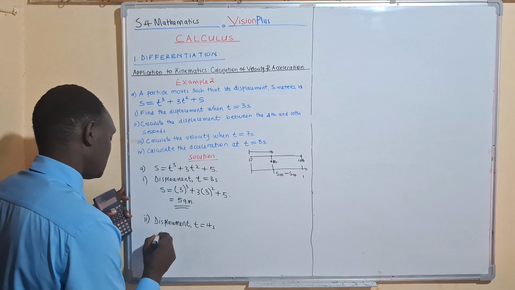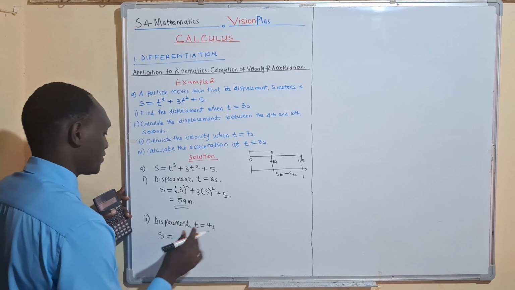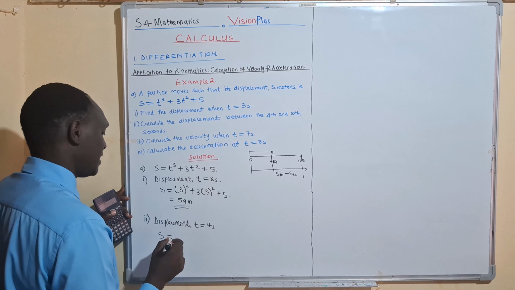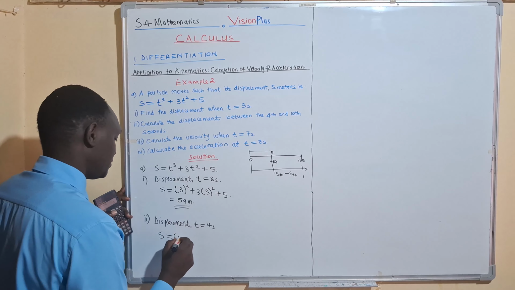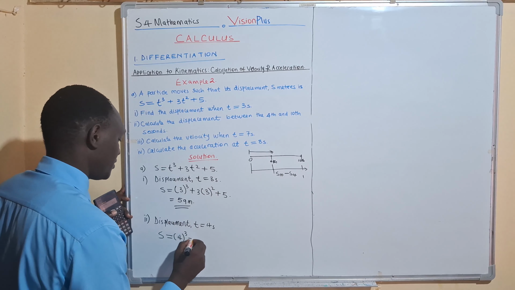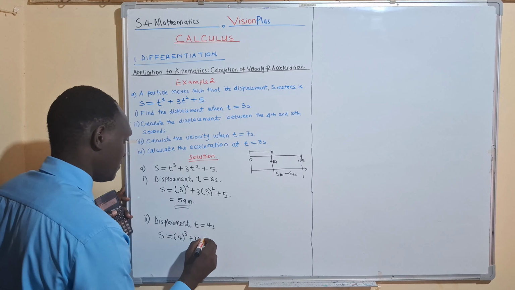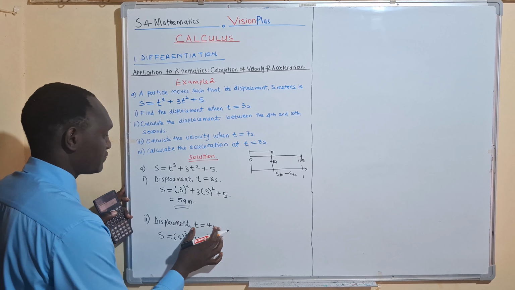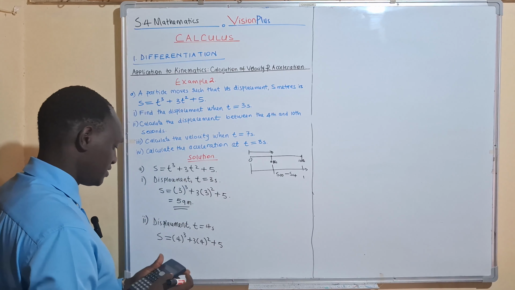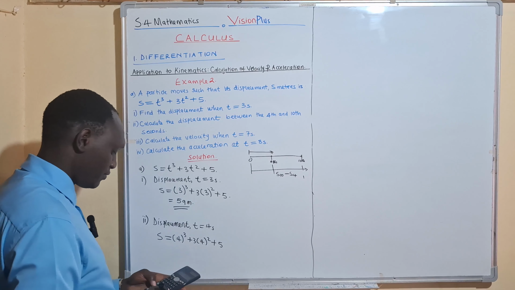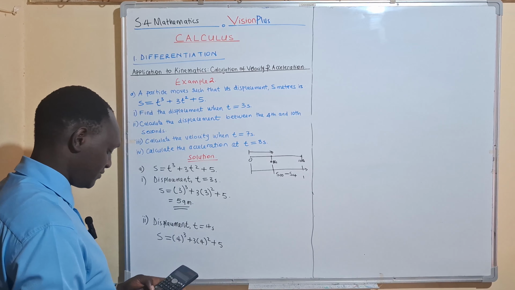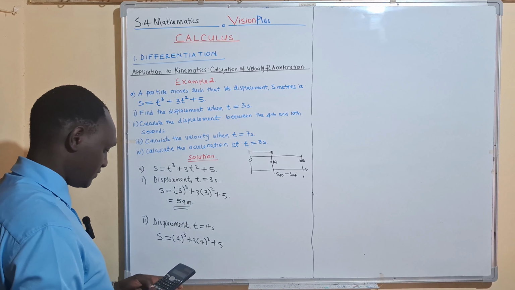That means our displacement s becomes, substituting t as 4 in the expression for displacement at any time t, 4 power 3 plus 3 times 4 squared plus 5.